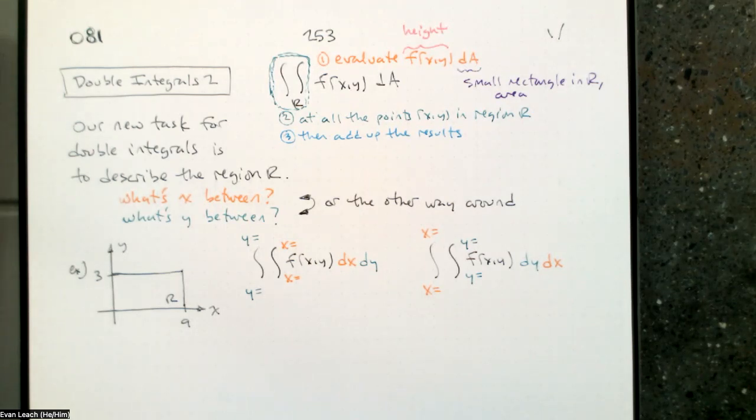There were some rules that we had for what we can describe when we say what's x between, what's y between. The last integral has to use constants. So whatever else goes on in describing our region, the last integral has to use constants.